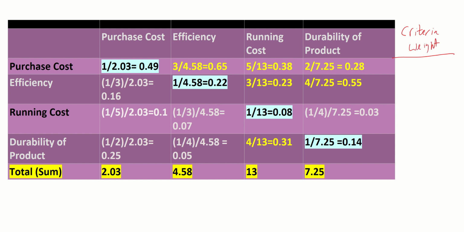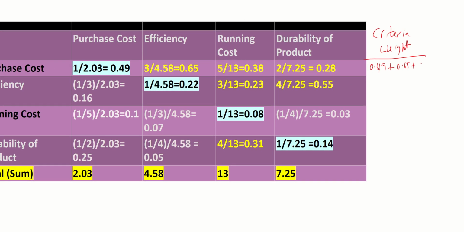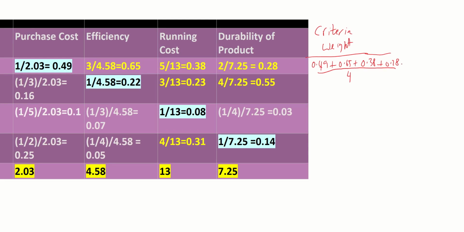So in that column, it's 0.49 plus 0.65 plus 0.38 plus 0.28, and we divide that by 4. So we're taking the average of all these numbers as an answer. You should get 0.45.